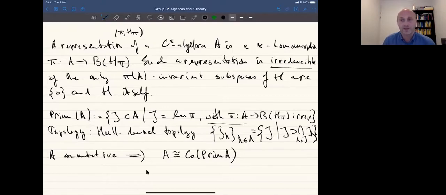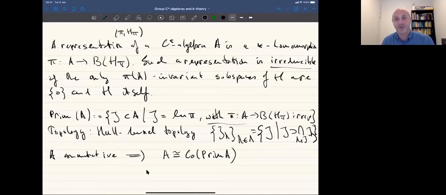And then you get maximal ideals, which are points, and you're playing a game that's very similar to algebraic geometry. In general, this space Prim A is bad. It's not Hausdorff in general, for example, as was mentioned in the discussion preceding this lecture. And so you cannot expect any general theorem like this.